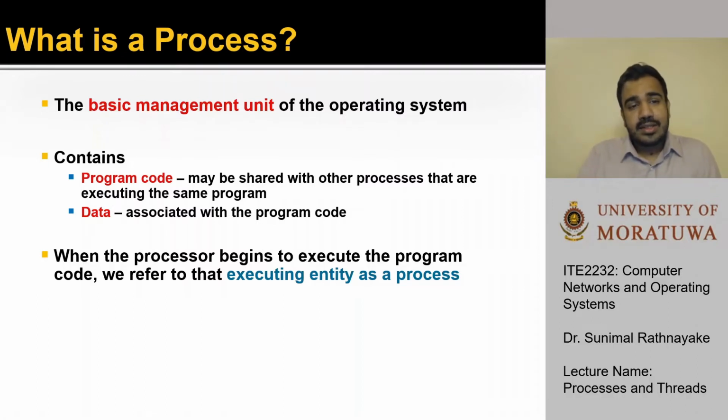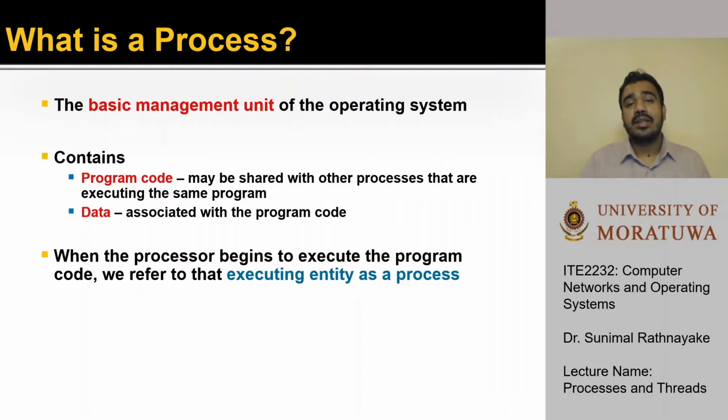The process is the basic management unit of the operating system. It's probably the most important data structure of the operating system. This process contains the program code that may be shared with other processes that are executing the same program, and the data associated with the program code.